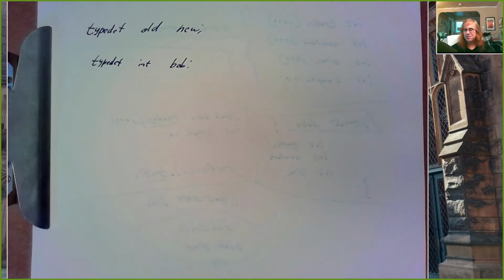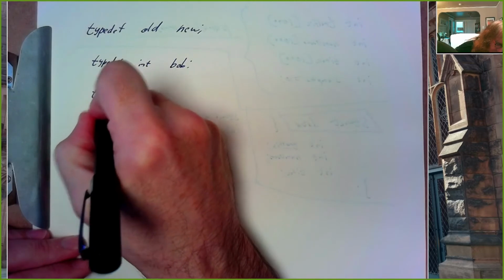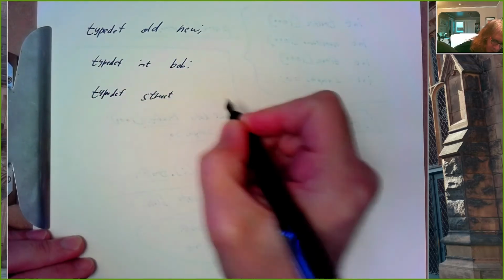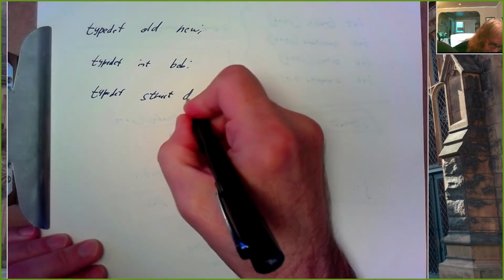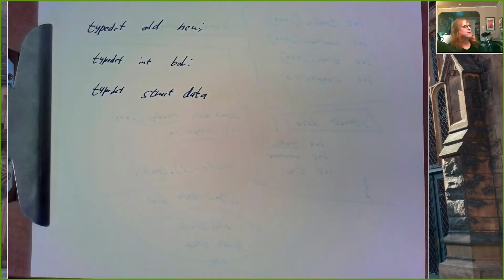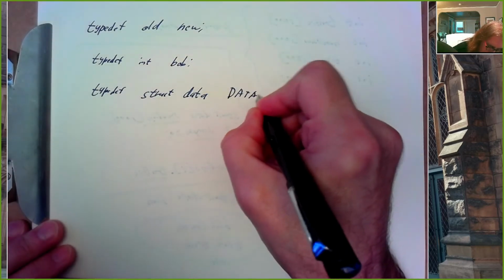So we use this typically for structures. And we can say something like typedef struct data, and whatever I want to call it, whatever kind of variable I want. A typical thing I might do is make it uppercase Data.